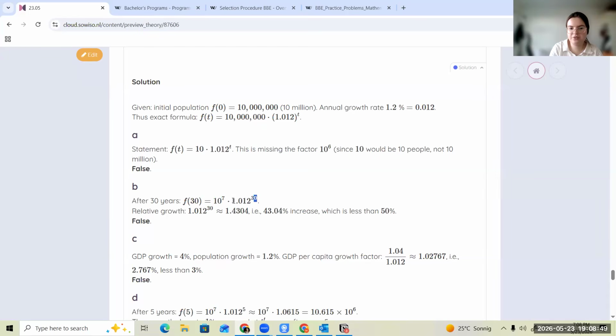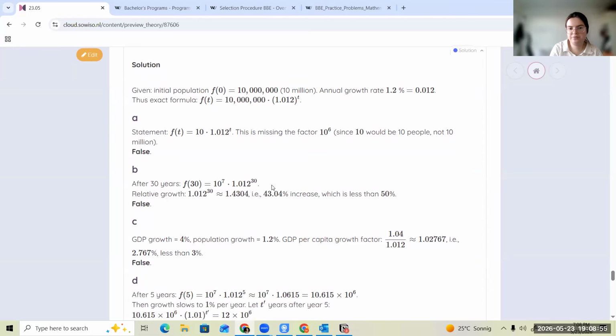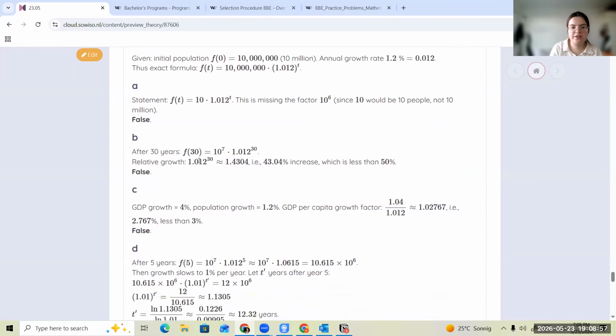We only care about what this does to this number. And then it gives us a growth of around 43%, which is less than 50%. So if it's like this, it would be correct here, but it's not.